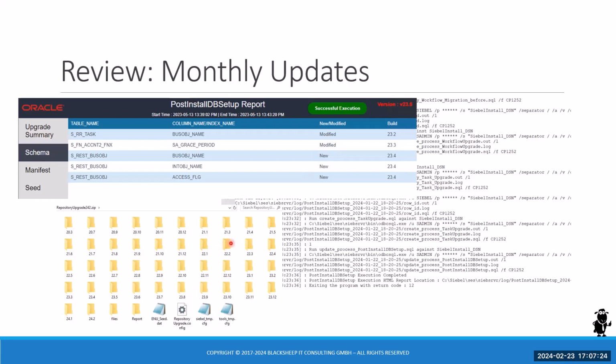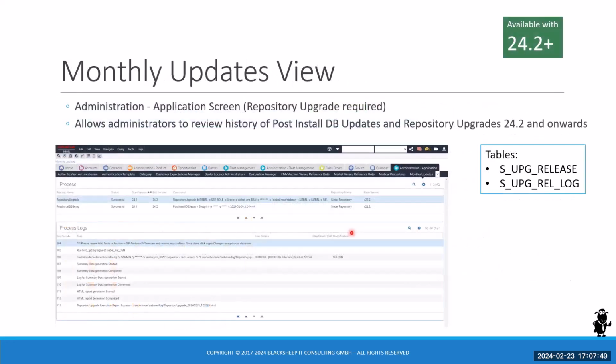Also, being the responsible administrators that we are, you'd like to know, okay, did everything work fine? And there's also a report on the repository upgrade, which looks the same as the post-install database report. There's a log file. And now it's time for the drum roll.